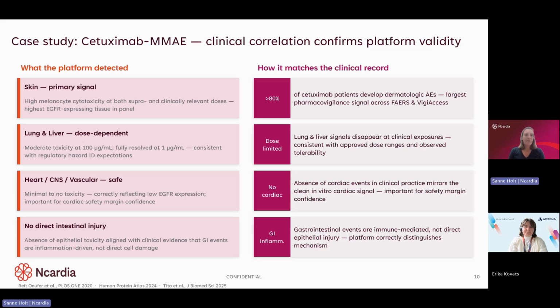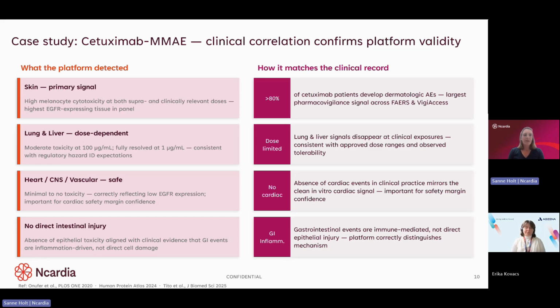For the lung and the liver, we saw a very clear dose-dependent response, where the high doses showed tox, but we lost that tox as we went to the lower, more clinically relevant dosing. And also there in the clinic, a similar thing was reported, where they saw that it was very clear dose-dependent responses within these tissues, and approved dose ranges were based on lung and liver reactions.